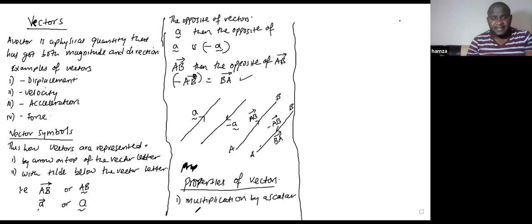If I multiply a vector by a scalar, that is, for example, if I have a scalar multiplier k multiplying a vector a, then this is the same as still multiplying that k with that vector a you have. If I have it in terms of a vector AB multiplying the k, this is the same as the scalar multiplier k multiplying vector AB.